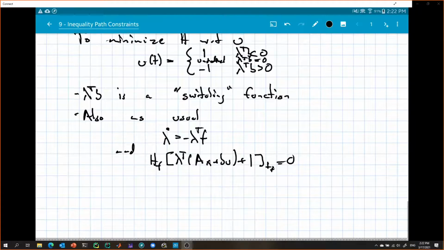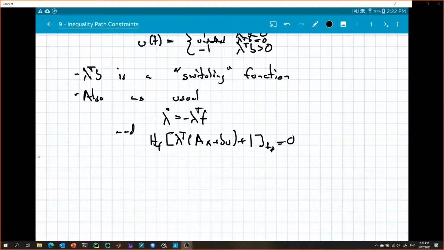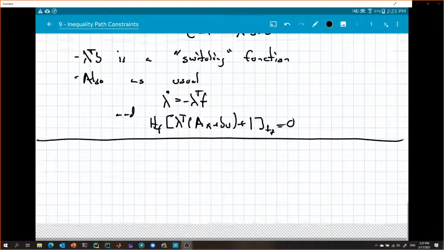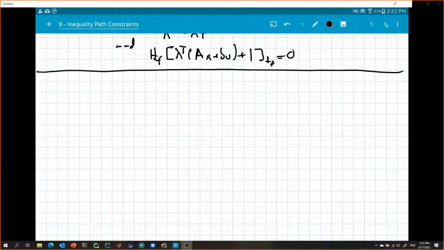Okay, so that's that. Now, like we did with the equality path constraints, we're going to add states into the constraint.